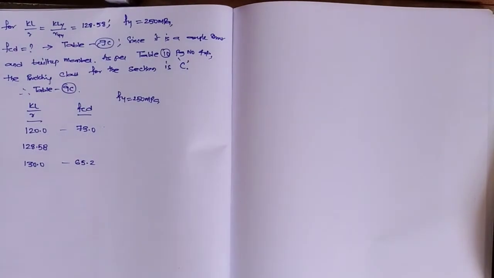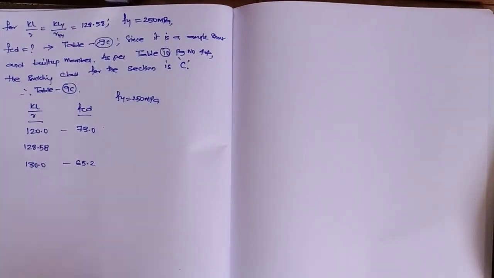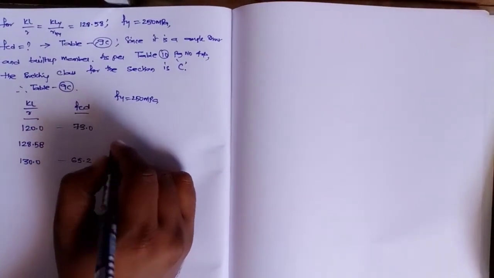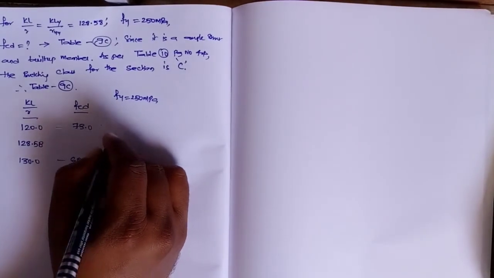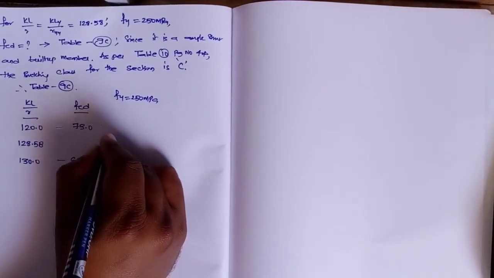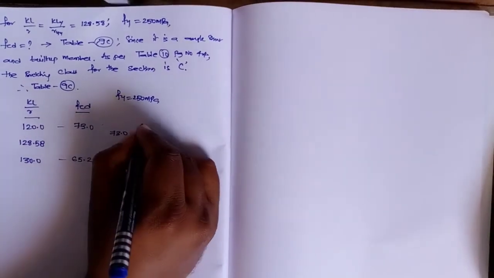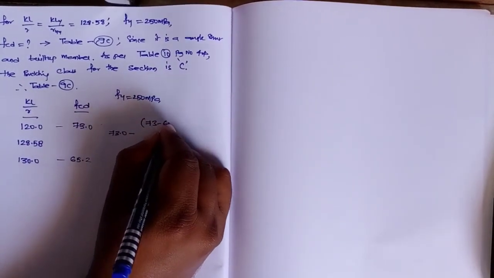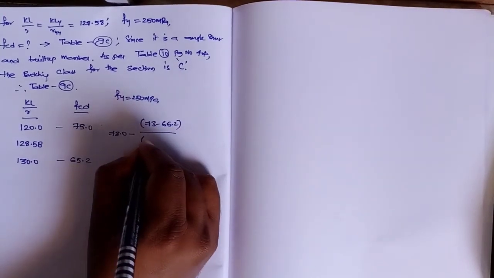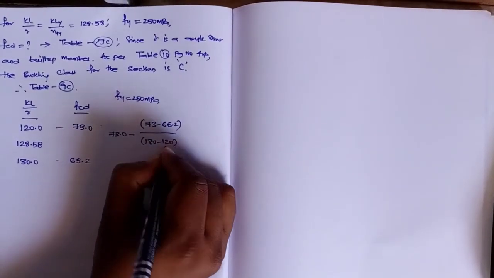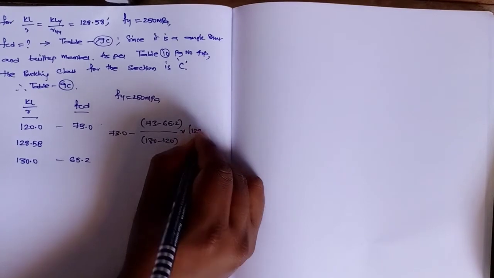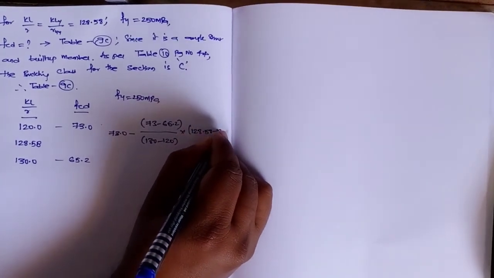Okay, now you have to do interpolation. So 73 minus (73 minus 65.2) divided by (130 minus 120) into (128.58 minus 120).